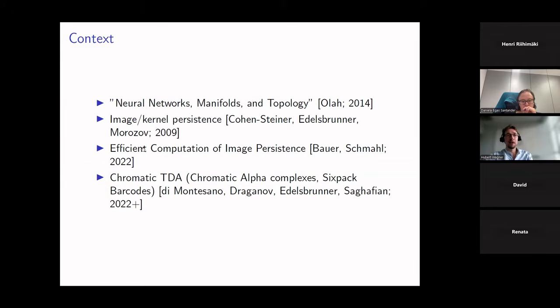And this idea of the mix-up barcode is going to be defined through the framework of image, kernel and co-kernel persistence, which goes back all the way to 2009. This was by David Cohen-Steiner, Herbert Edelsbrunner, and Dmitriy Morozov.